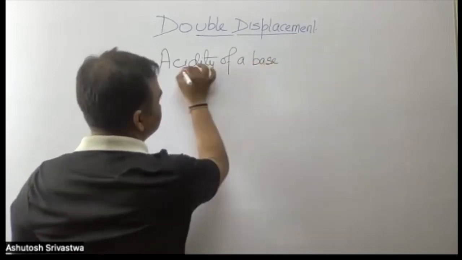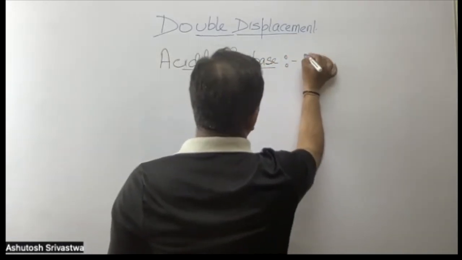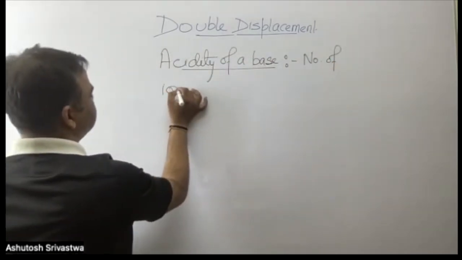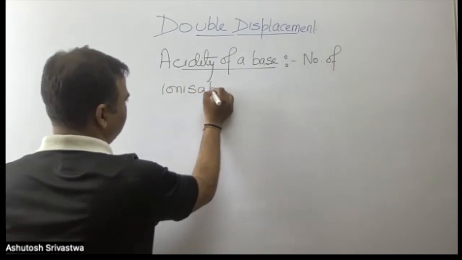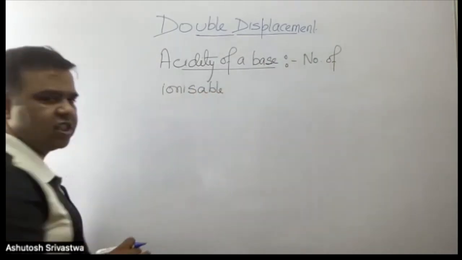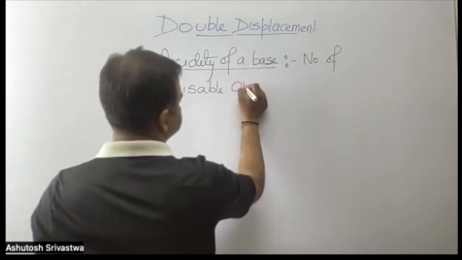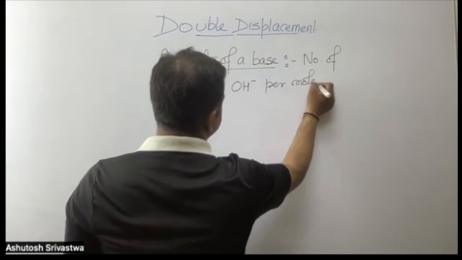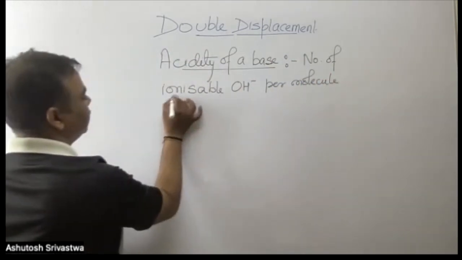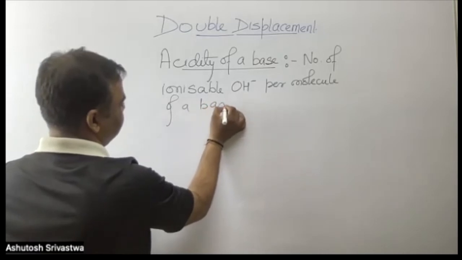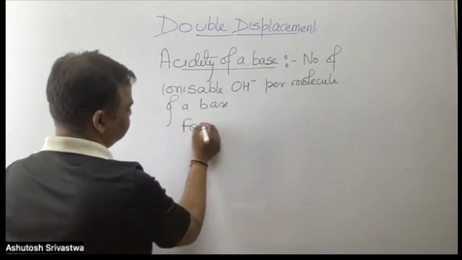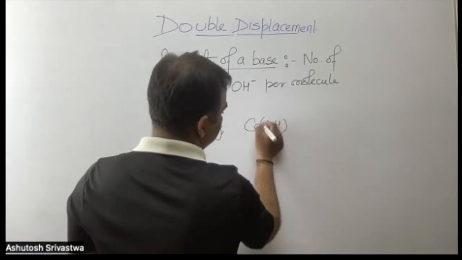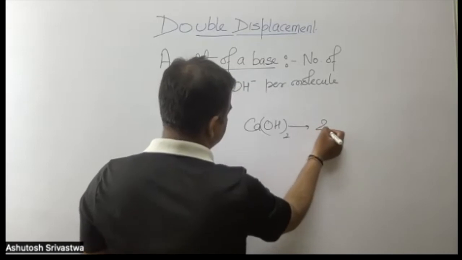What is this? It is the number of ionizable, and we are talking about Arrhenius base, OH minus per molecule of a base. For example, calcium hydroxide, the acidity is 2.